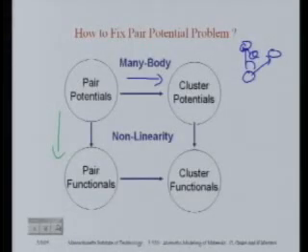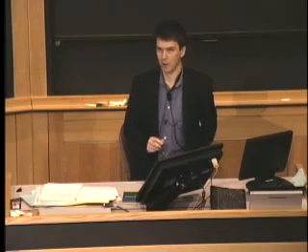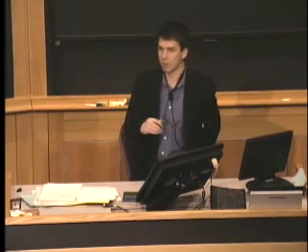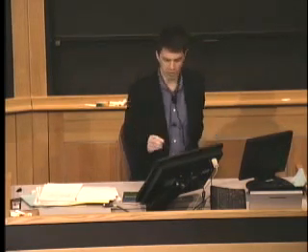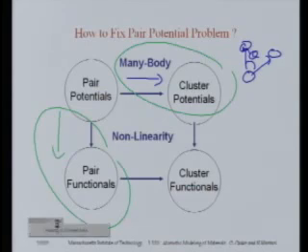Today I'm going to mainly do pair functionals. Pair functionals tend to be most applicable to metals, where I would say the square root dependence effect is strongest. Whereas cluster potentials or many-body potentials in general tend to be more favored in the organic literature, both organic chemistry and polymer chemistry, and so we'll go into that.